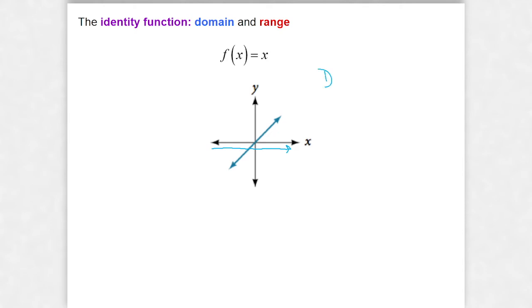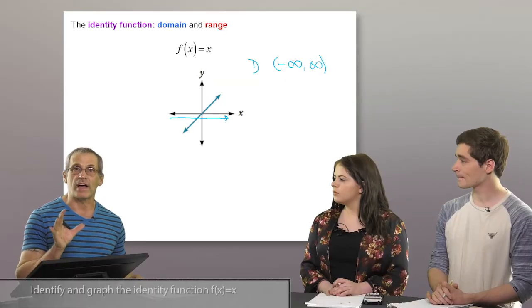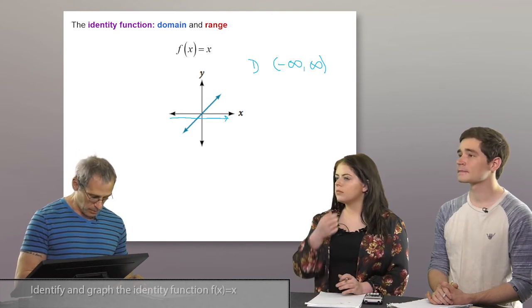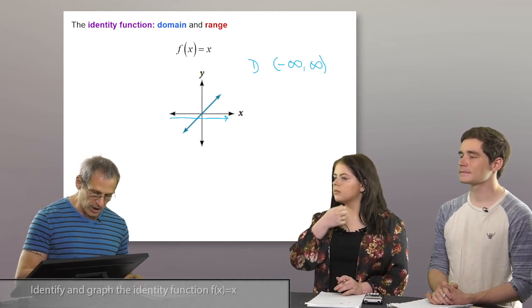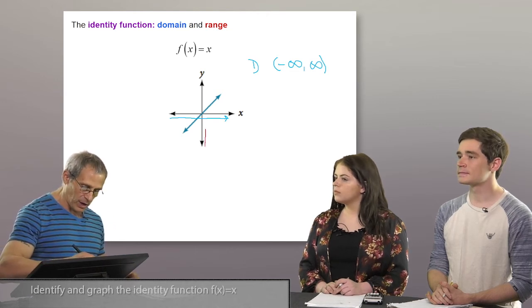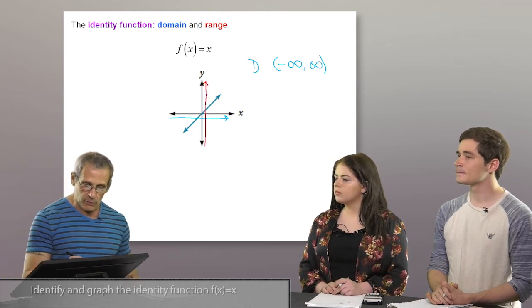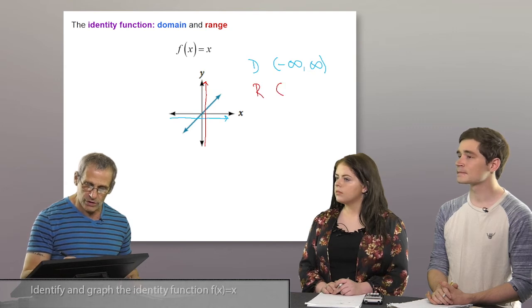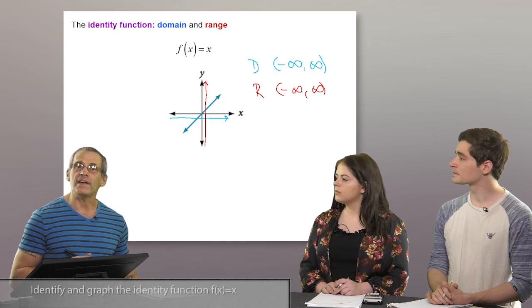So the domain is all real numbers, from -infinity to infinity. And we always use parentheses to write this interval. Now for the range, we have to train our eyes to look vertically. This graph extends down forever and up forever. So for our range, again, it's all real numbers, -infinity to infinity.